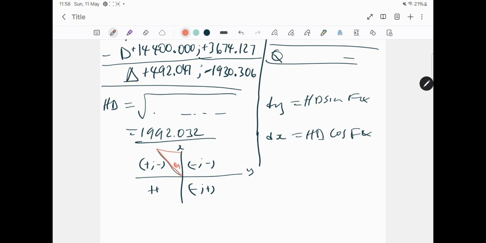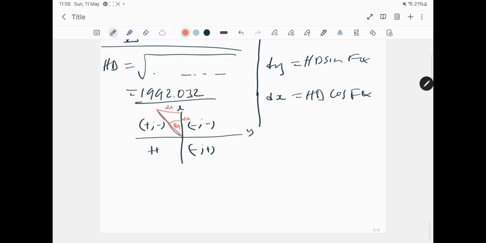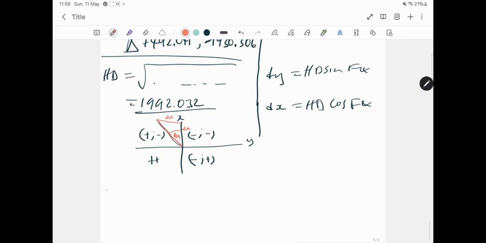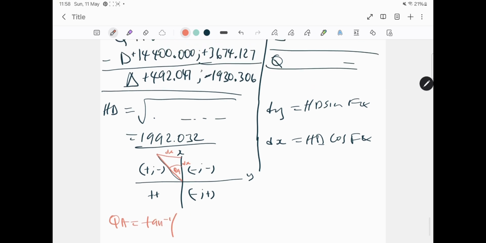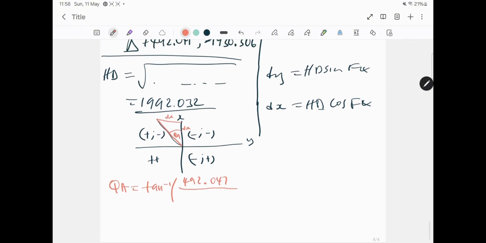That's our QA, our dy, our dx. Since we're in the second quadrant, our QA is equal to tan inverse of 492,047 over positive 1930. Ignore the signs. They are just telling us where the quadrant is.